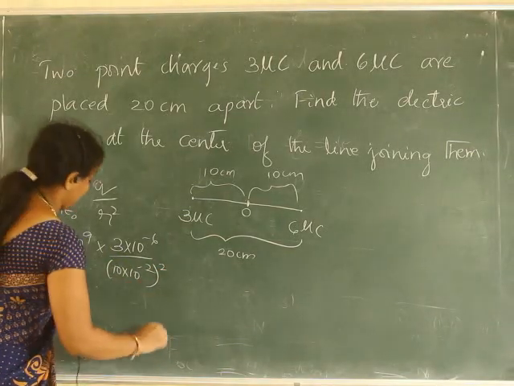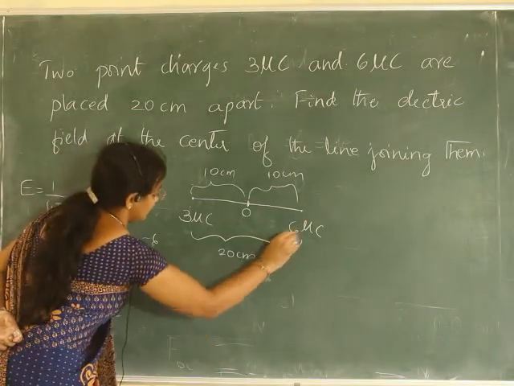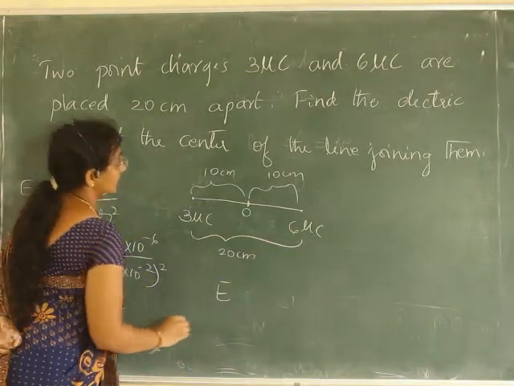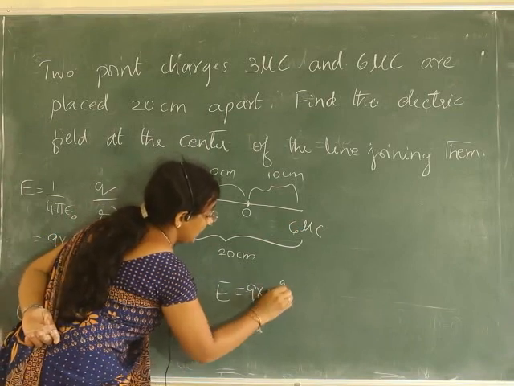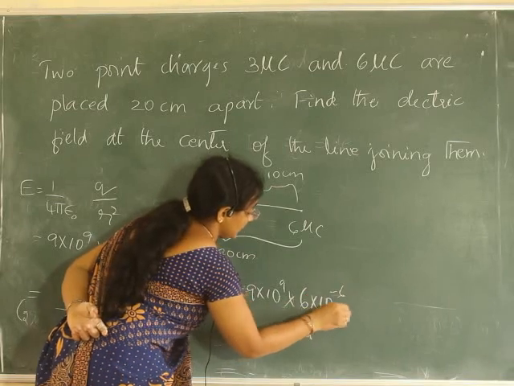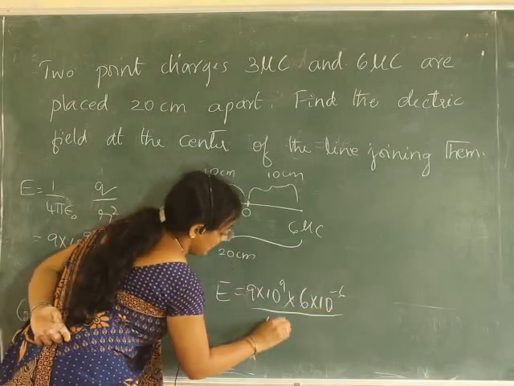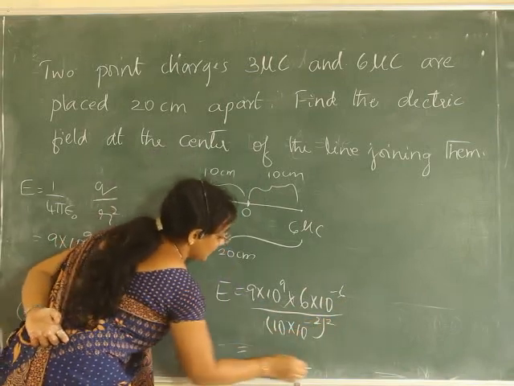And one more, due to this one, E is equal to 9 into 10 to the power 9 into 6 into 10 to the power minus 6 divided by 10 into 10 to the power minus 2 whole square. One more answer you will get.